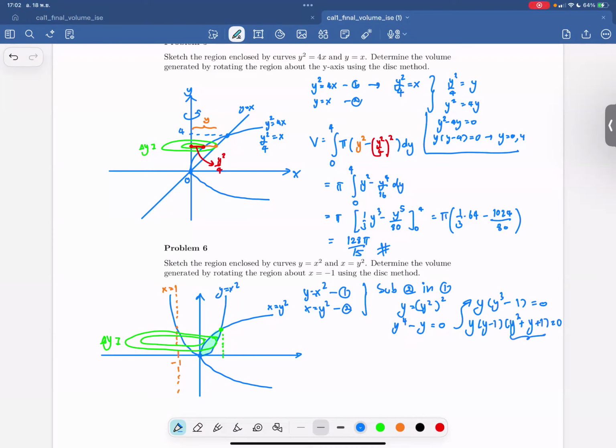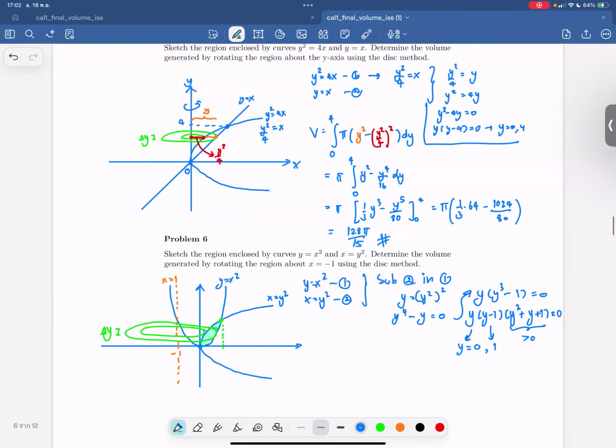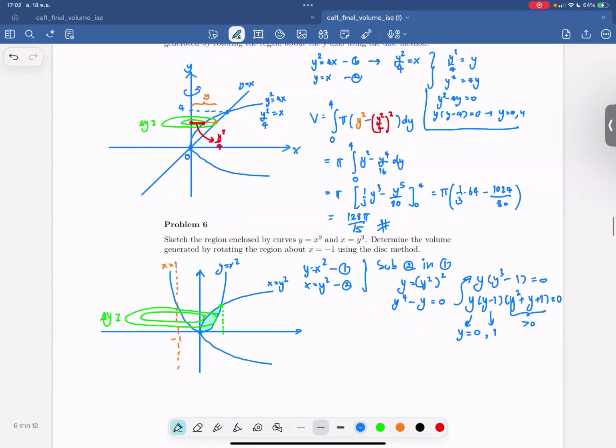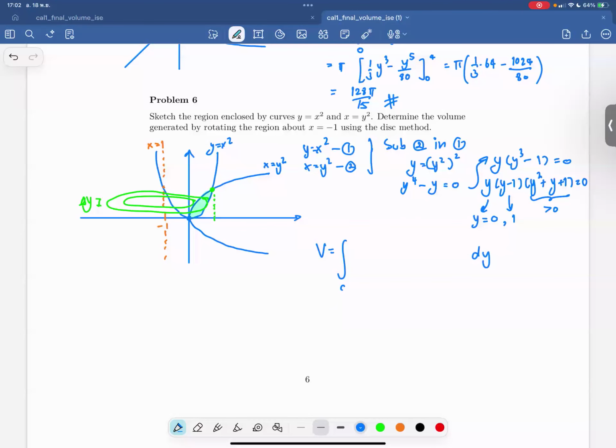And this last term is always greater than 0, right? So finally, we get y equal to 0 or y equal to 1. So our volume with respect to y goes from y equal to 0 to y equal to 1.